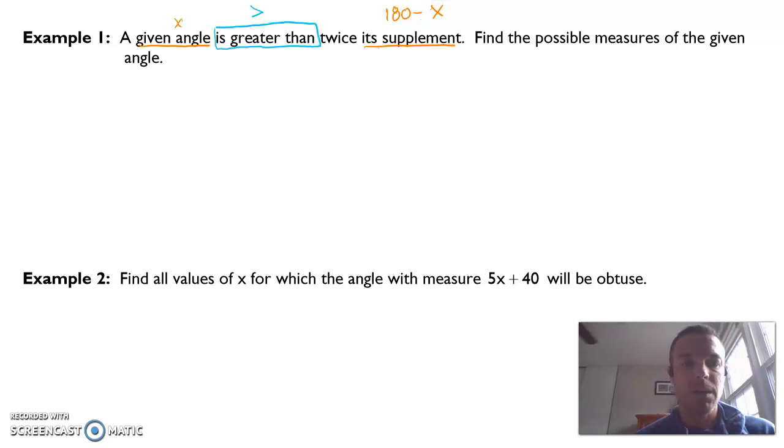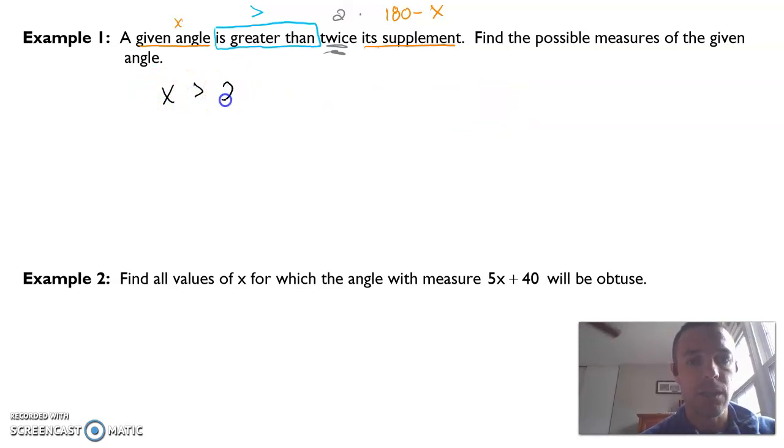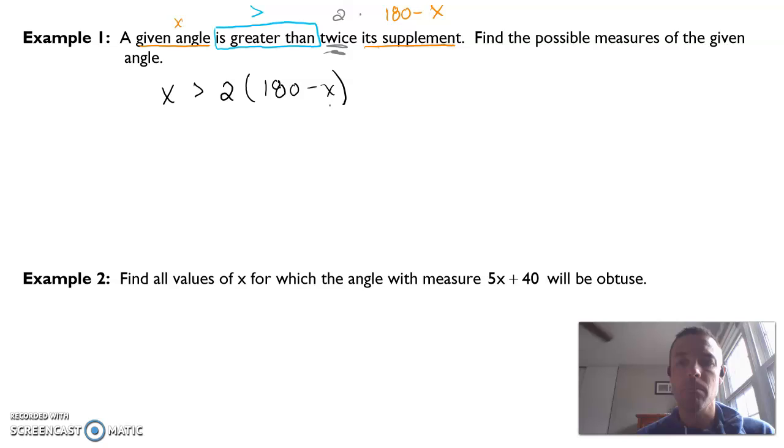Then continuing to mark my text here, is greater than is the greater than symbol, and when it says twice, it means it's 2 times this. So my inequality I can write from this is that x is greater than 2 times the quantity of 180 minus x. Find the possible measures of the given angle. I want to know what are the restrictions on x.